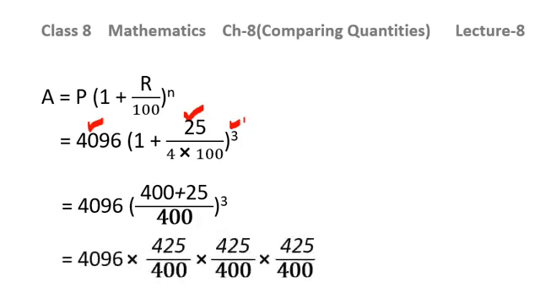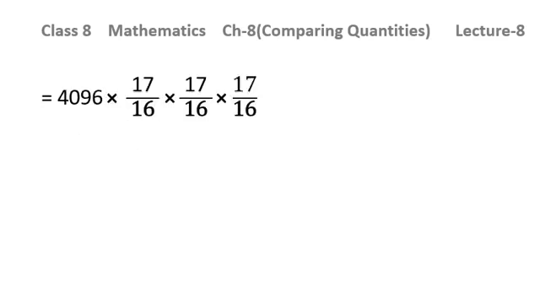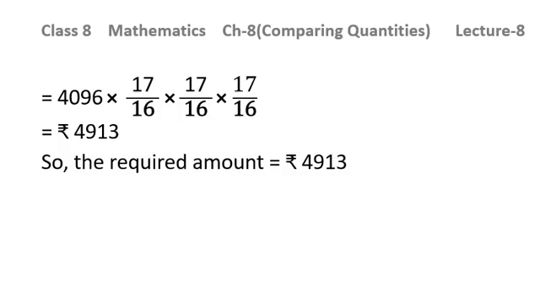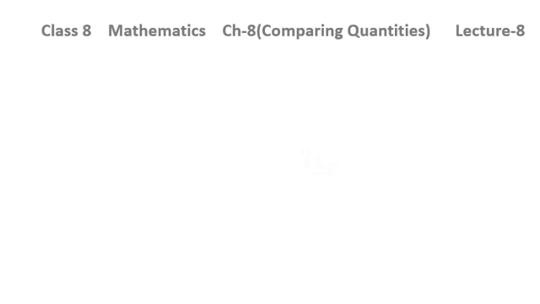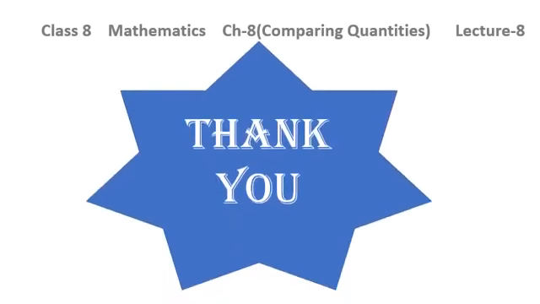And then 4,096 into 425 over 400 will be written 3 times, because the power is 3, the time is 3 half years. So after cancelling out, you can write them as 17 over 16, or you can directly multiply also. So you will be getting the amount as 4,913. So the required amount is 4,913. Thank you so much, dear children.